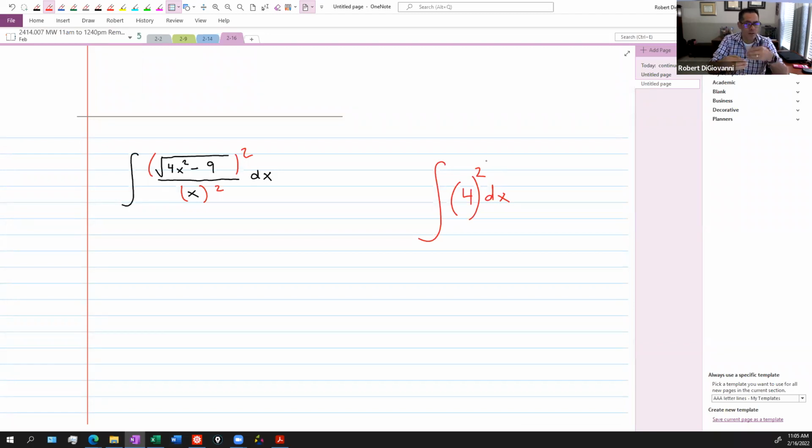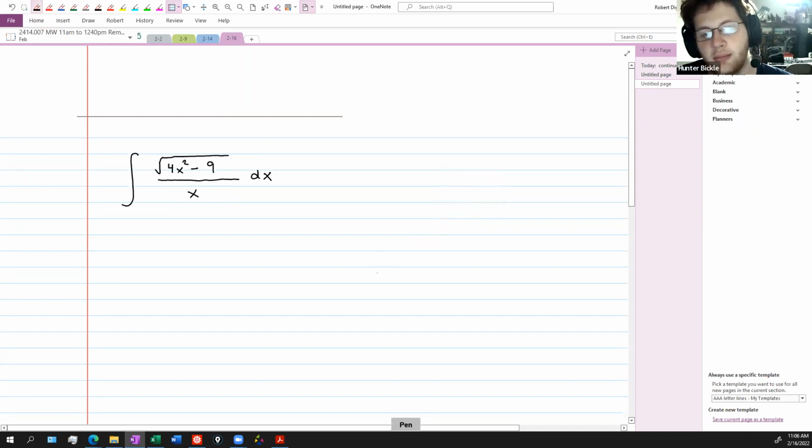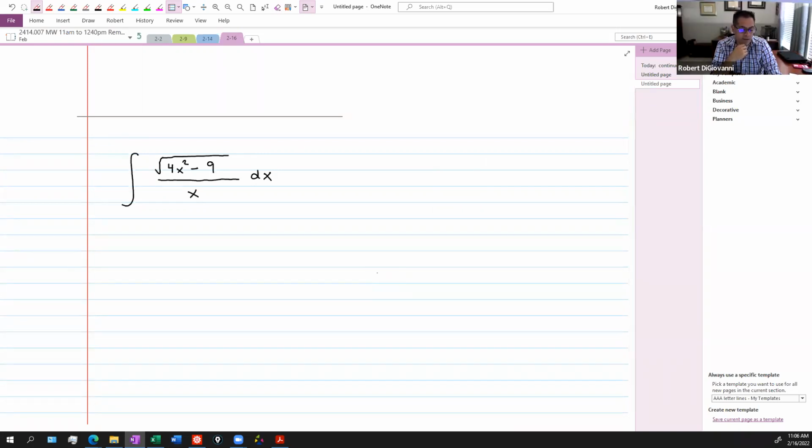Multiplying by 1, you do multiply top and bottom by the same thing, and that's okay. Here, squaring something, top and bottom, changes everything, so you're not allowed to do that. That may seem weird, but that does happen. What about multiplying both the top and the bottom by root 4x squared? You could do that, but I do not believe that would help you, because you'd still have the square root of 4x squared minus 9 to deal with. So you still have to do a trig sub.